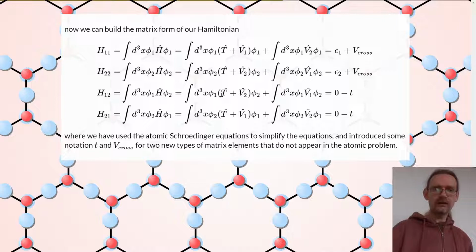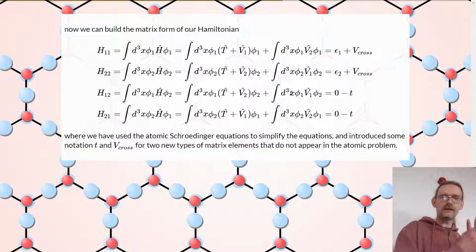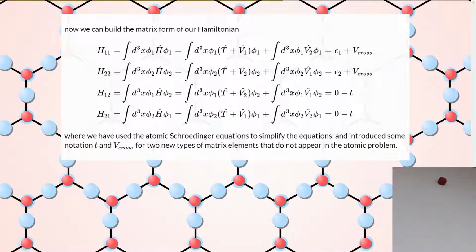And then H12, these off-diagonal elements, are completely weird quantum mechanical things that there's no obvious explanation for, but broadly speaking, very hand wavy, they describe an electron hopping from atom 1 to atom 2.